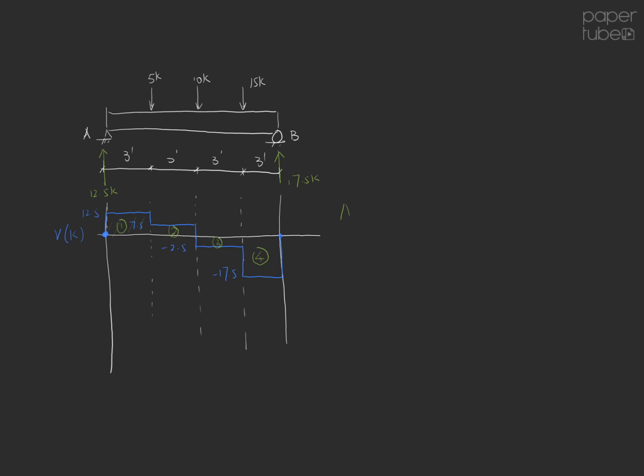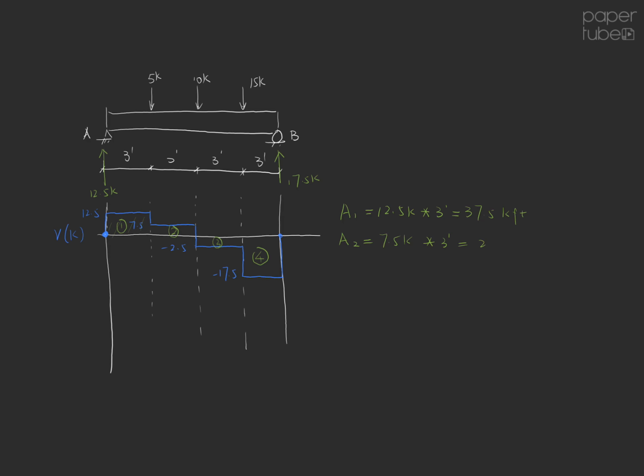My area A1 is equal to the height, 12.5 kips, times the width, 3 feet. That would give you 37.5 kip-feet. Area A2 is 7.5 kips times 3 feet.